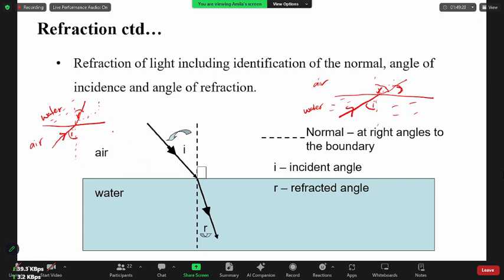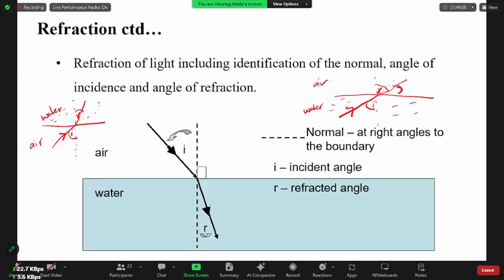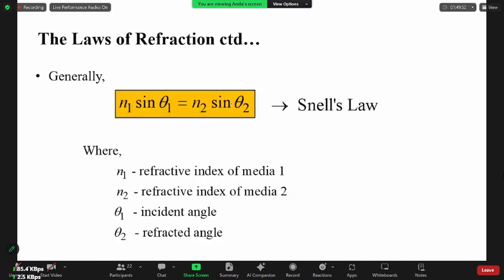So start here: refractive index of air times the sine value of the incident angle, sin i or sin theta 1, equals, go to the second medium, the refractive index of water times the sine value of the refracted angle, sin r or sin theta 2.